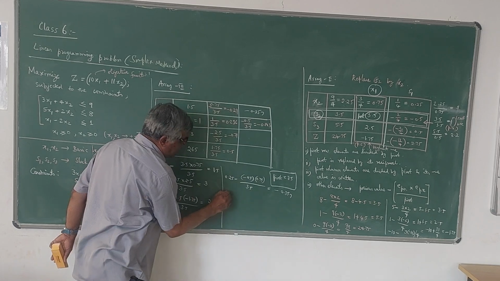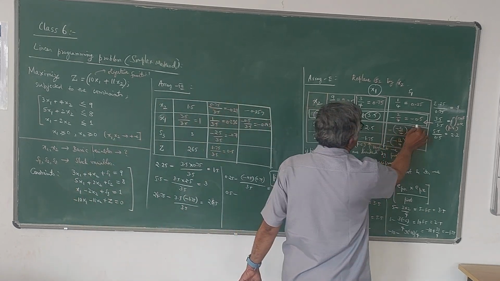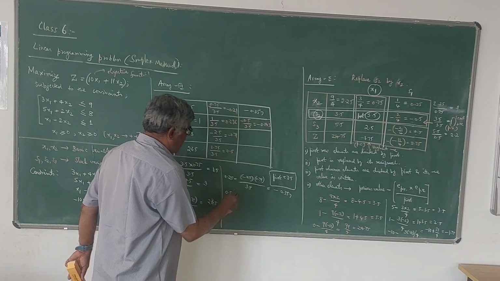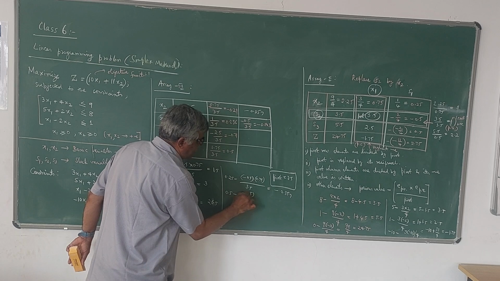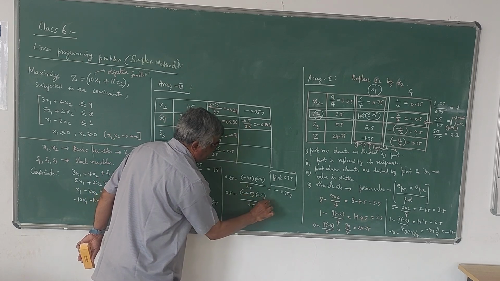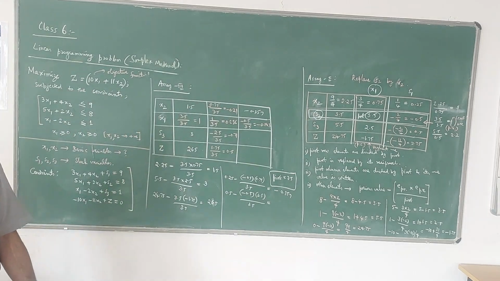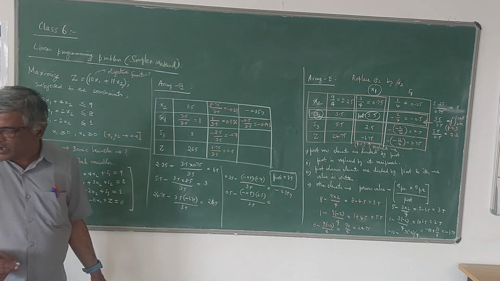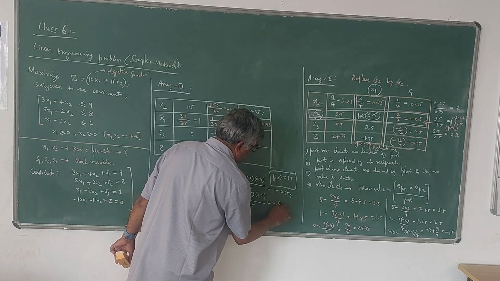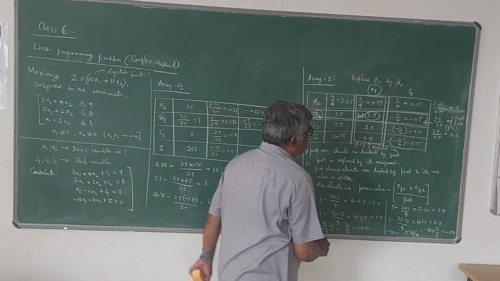For the 0.5 minus the corresponding row element, which is minus 0.5, and the column element, which is 2.5. So minus 0.5 into 2.5 divided by 3.5. I think the value is minus 0.143. Minus 0.143. Next, lastly, 2.75.